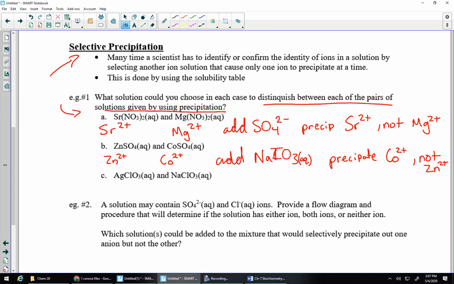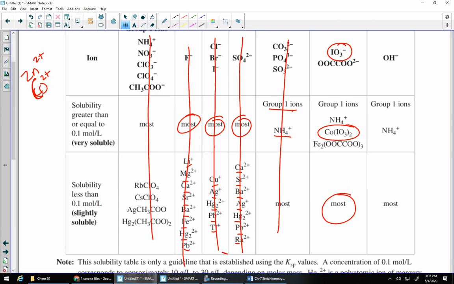So I've got silver and sodium. Let's check out silver and sodium. This one might actually be super easy, because does anything dissolve well with sodium? Or does anything precipitate sodium? Not really. So I think this one, let's get rid of, nope, not an eraser. Let's get rid of all of this stuff.